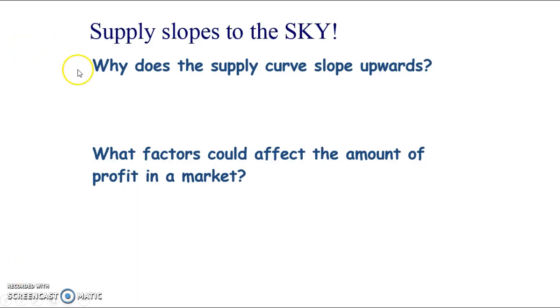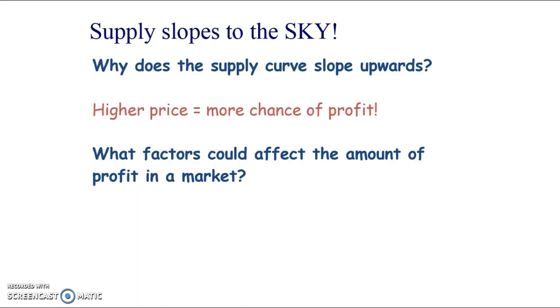So whereas before I said demand slopes downwards, here I'm saying supply slopes to the sky normally, and I'm using the word sky because you need to know that supply slopes upwards, so that you don't get it mixed up with demand when you're labeling them in your diagram. So why does it slope upwards? Well, higher price, more chance of making a profit, so firms willing to supply more to the market, more firms willing to supply.